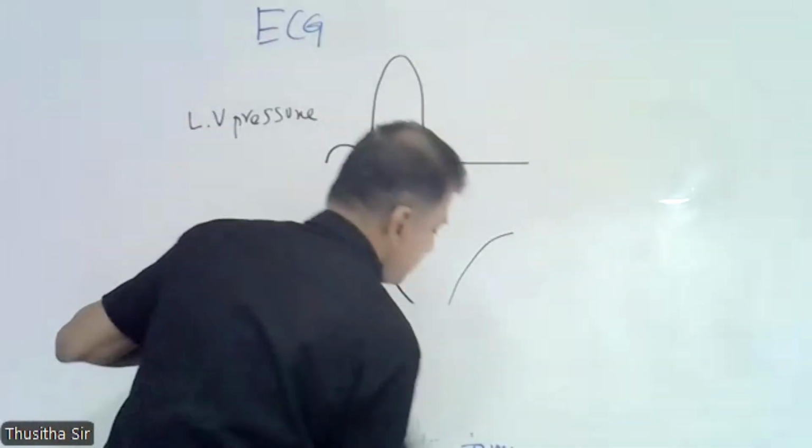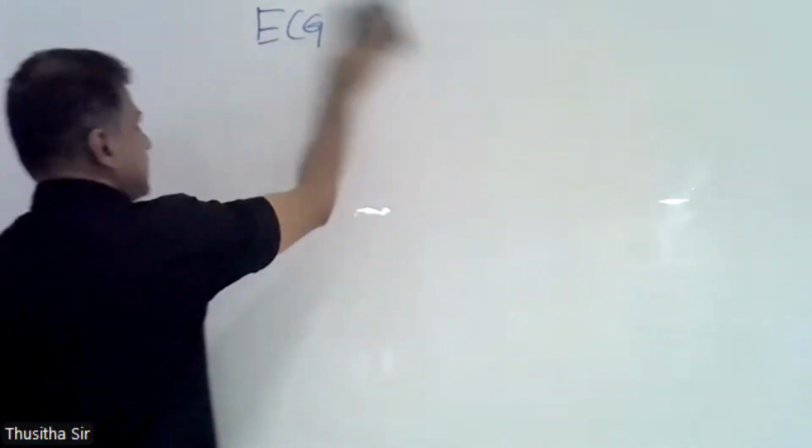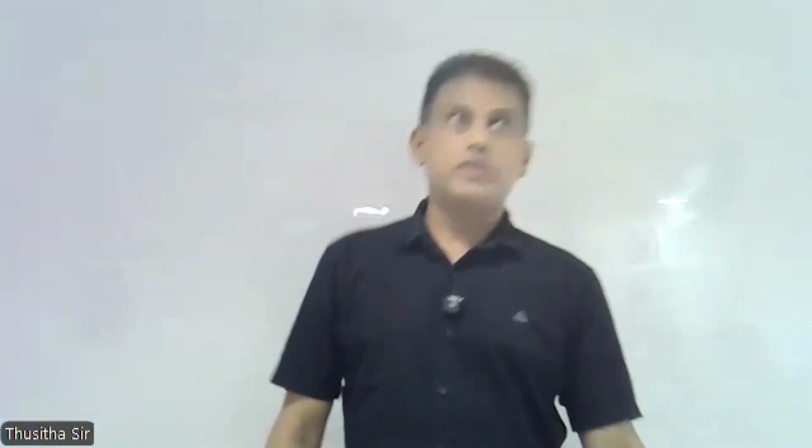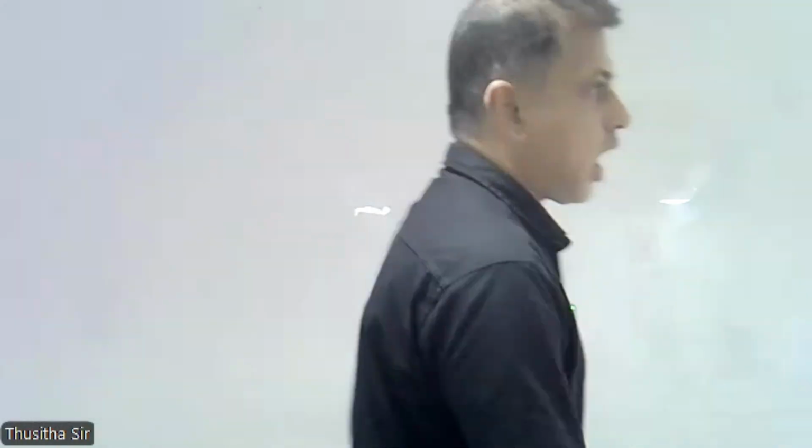Okay, now I will show you one use of the ECG. I will make the tute after we finish this section, and you will see the typical calculation of how we can do it.